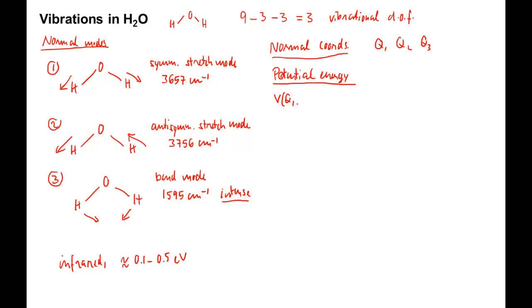V of Q1, Q2, Q3 equals 1/2 K1 Q1 squared plus 1/2 K2 Q2 squared plus 1/2 K3 Q3 squared.